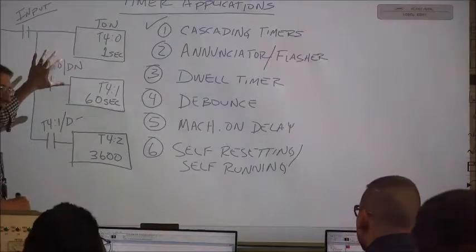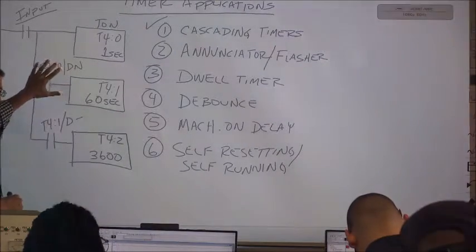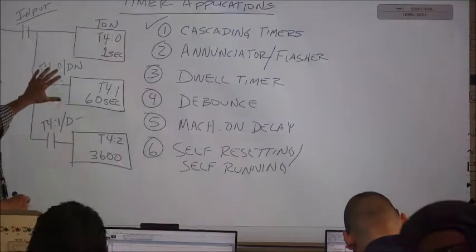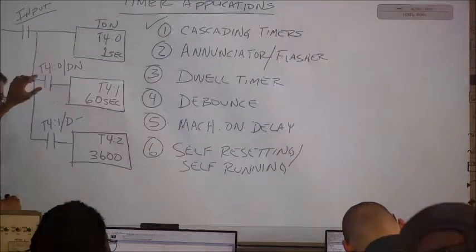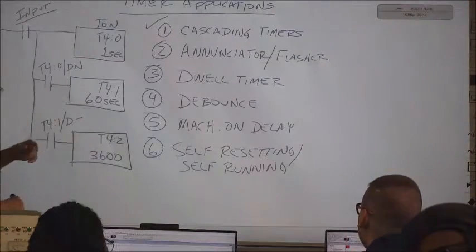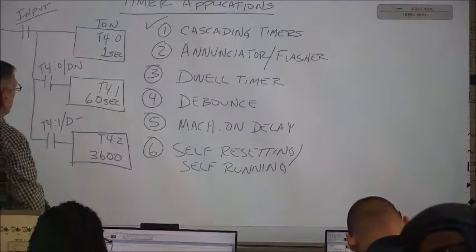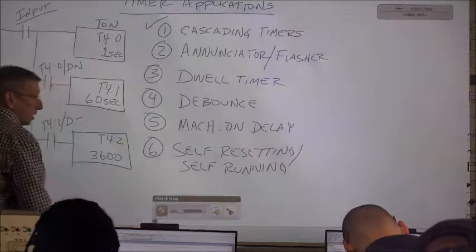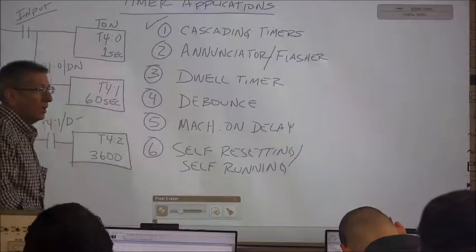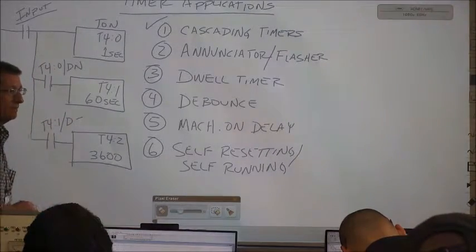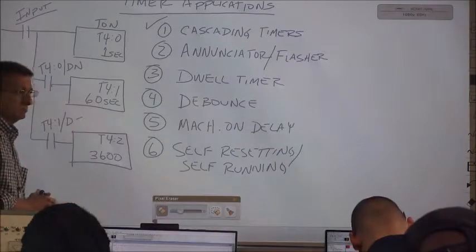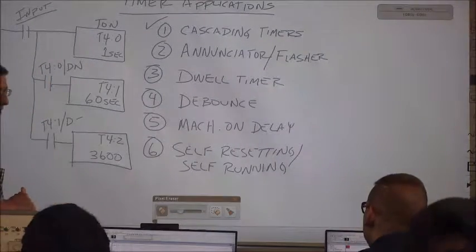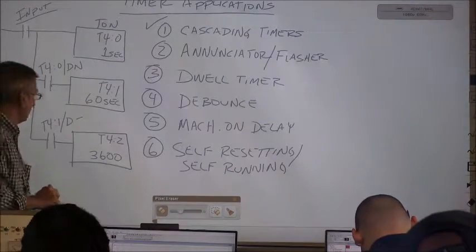We use this a lot when we get into counters. I usually wait until we're in counters to cover this stuff, when we're incrementing counters with timers. So your output will only be controlled by your T42 timer? Yep, that's right. The other timers are only controlling the last one, and the last one controls your output.